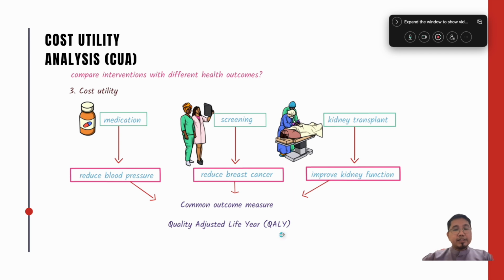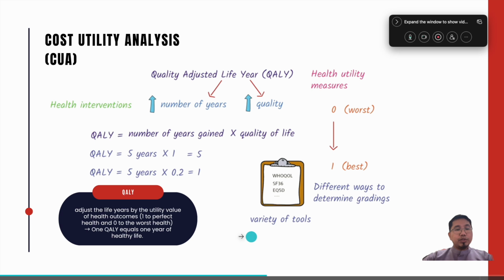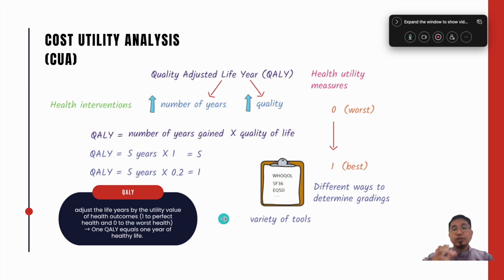So what is a QALY, this quality adjusted life years? QALY means we adjust the life years by the utility value of the health outcome. What is the utility value? Actually 1 is perfect health, the 1 is the best, and 0 is the worst health that you can have.